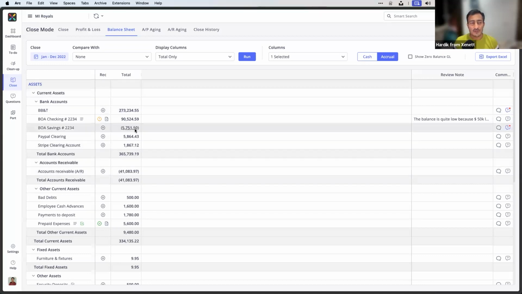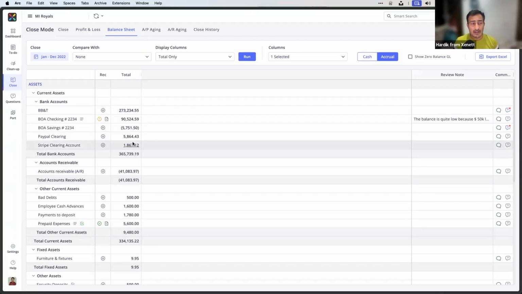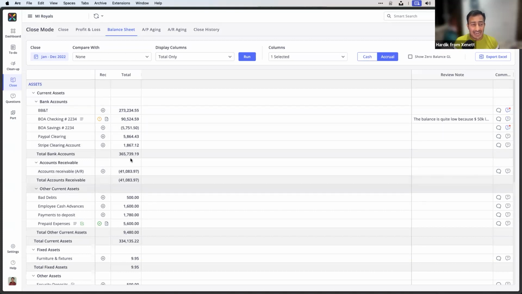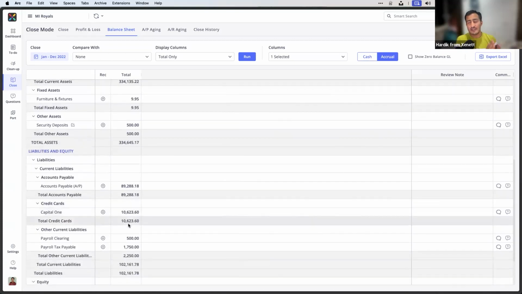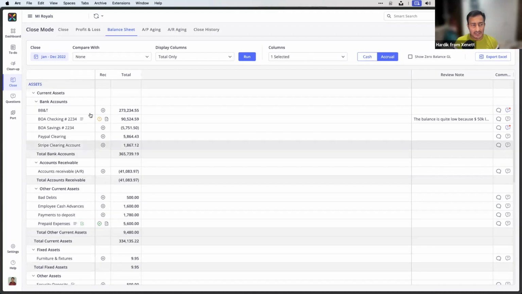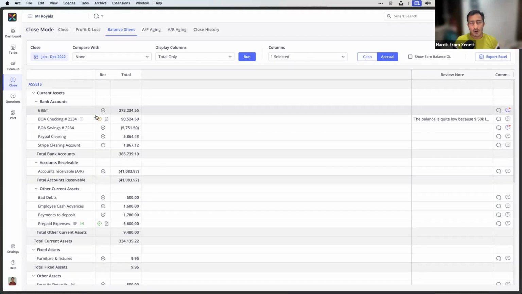This is pretty important, so that we have a good base for the next year. As long as we follow these guidelines for every balance sheet account, all of your balance sheet accounts will start showing the accurate picture. So this is how we should be reviewing balance sheet accounts.